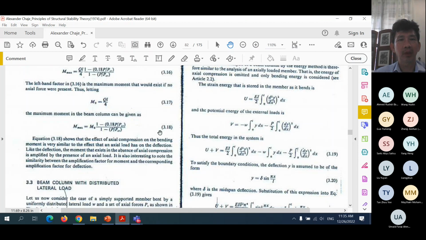If we compare 3.13 to 3.18, they show similar things: the existence of P causes the moment, in this case the maximum moment, to amplify. So equation 3.18 is the effect of axial compression on the bending moment, and it is very similar to 3.13. The moment that exists in the absence of axial compression is amplified by the presence of an axial load.